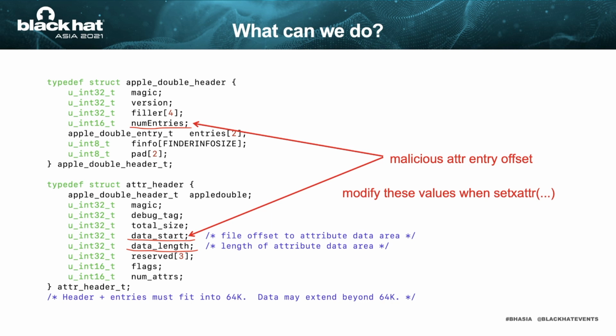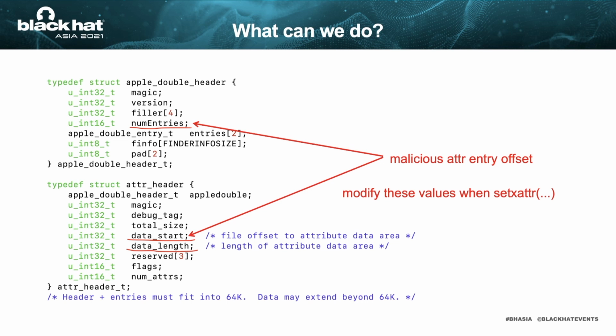This is not a big problem when getxattr reads xattr. At most, it reads some unexpected data from the file header. However, when calling setxattr to set an attribute, here comes the problem. It is equivalent to a write operation, and all these overlapping data structures can be modified.